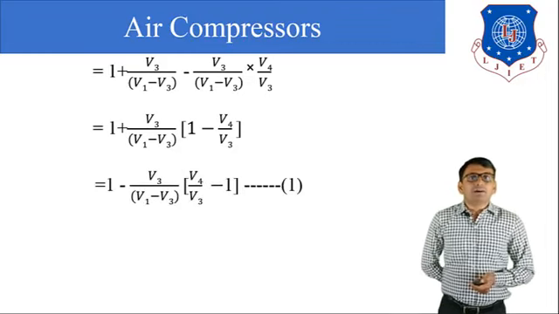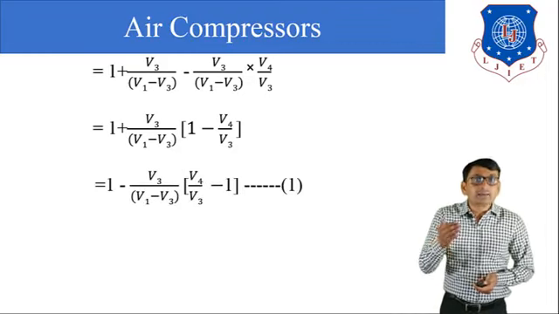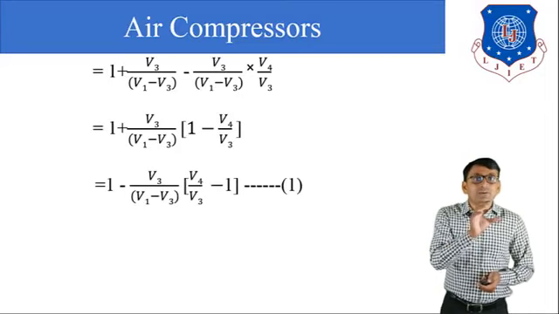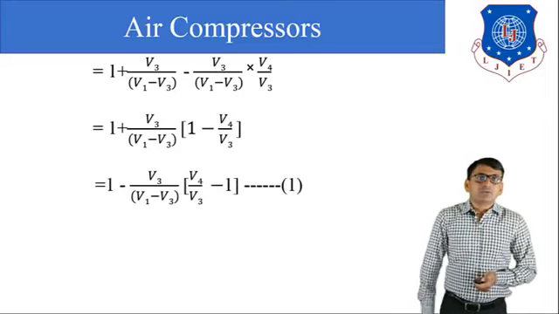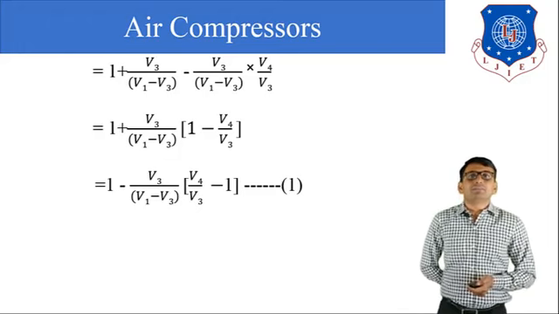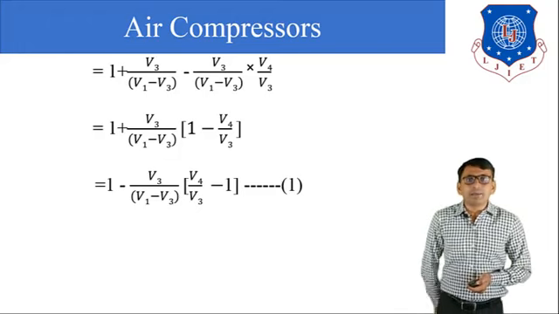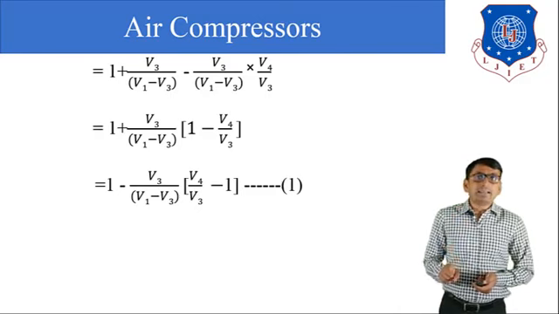The sign changes, so it is 1 minus V3 divided by (V1 minus V3) in bracket (V4 by V3 minus 1). That is equation number 1.